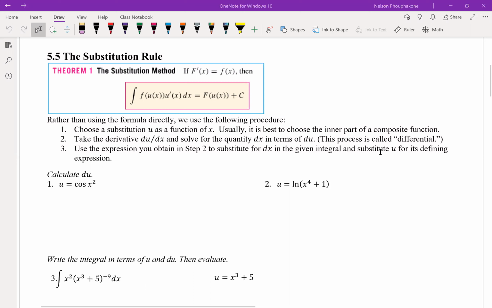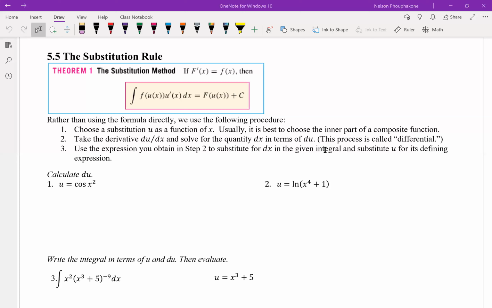When you took 151, you already learned this term, differential. And then use the expression you obtained in step 2 to substitute for dx in the given integral, and substitute u for its defining expression. Now let us try to learn the differentials first.